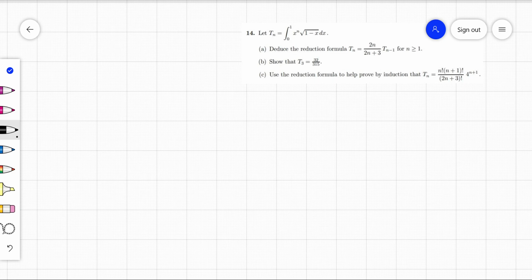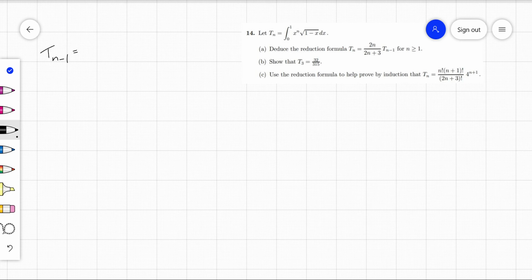So if I look at using the reduction formula, let's start with Tn minus 1. Like when we're doing k minus 1 and we prove for t of k or k plus 1 given k, we'll do the one before.